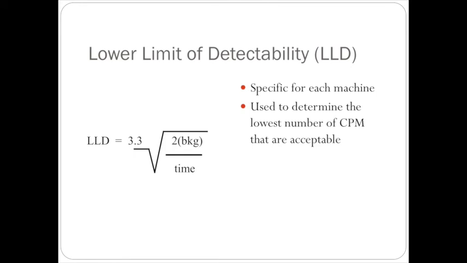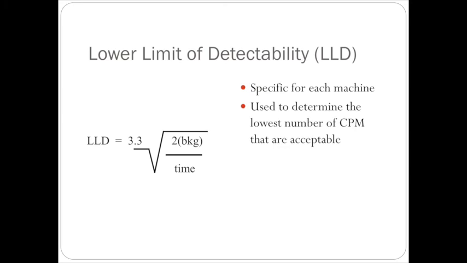The LLD is simply 3.3 times the square root of 2 times your background divided by time. Your background is going to be in counts per minute, so time is 1. So you take the square root of 2 times your background and multiply that by 3.3 to find your LLD. Your LLD is going to be in counts.